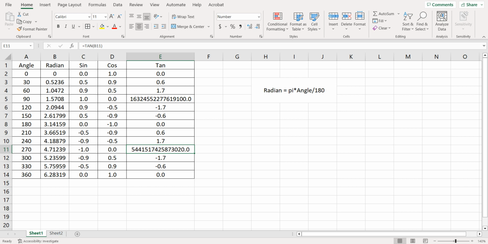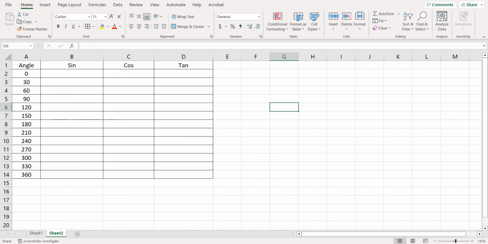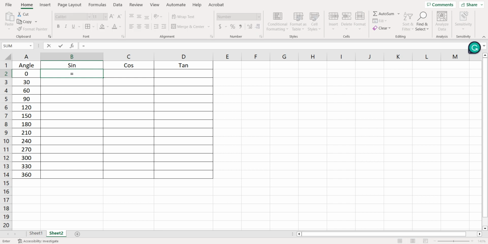But instead of converting the angle to radians, you can directly use the radians function to calculate the sine, cosine or tangent value. I'm going to show that to you here. For the sine value calculation for different angles, you write the sine function, sin, then write radians, select the radians function, and then select the angle and close the parenthesis.